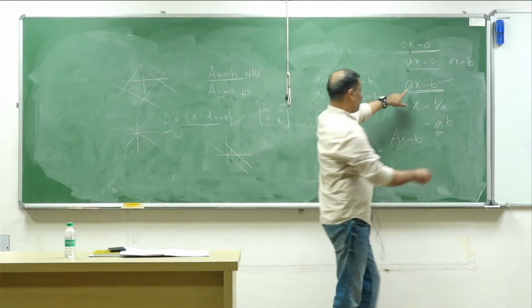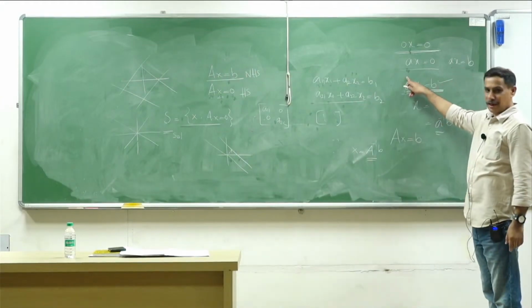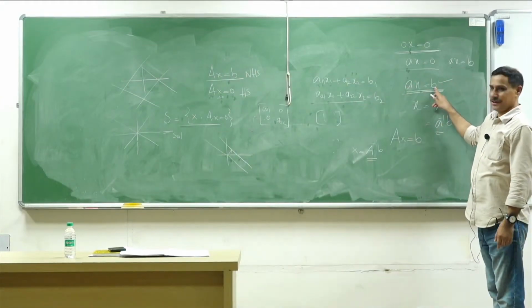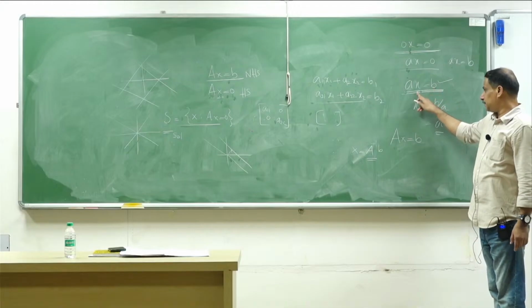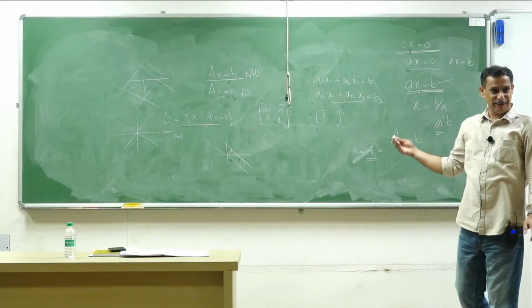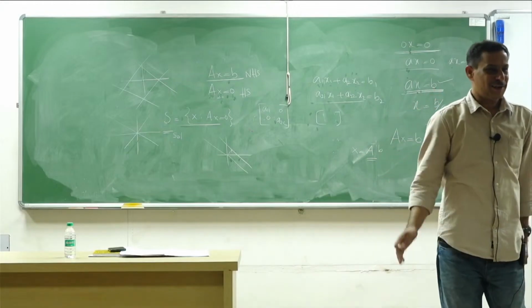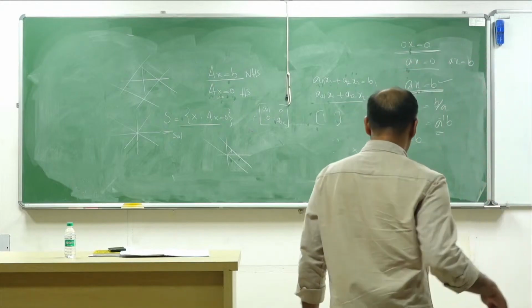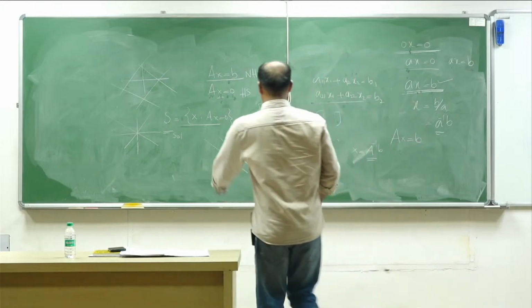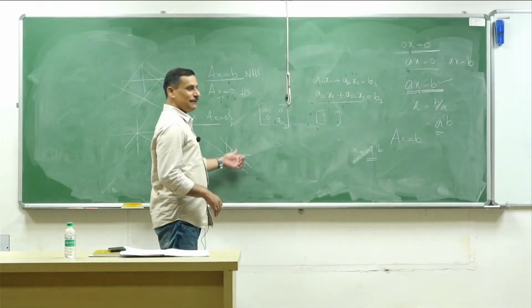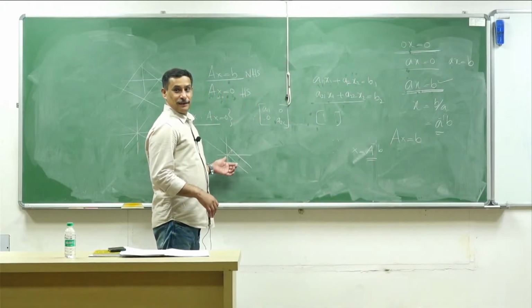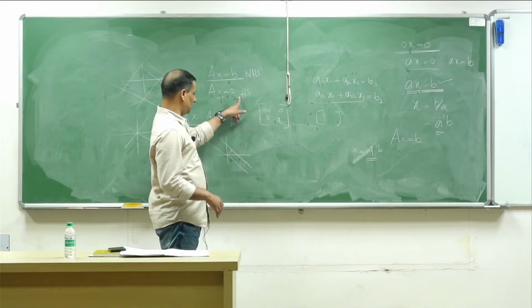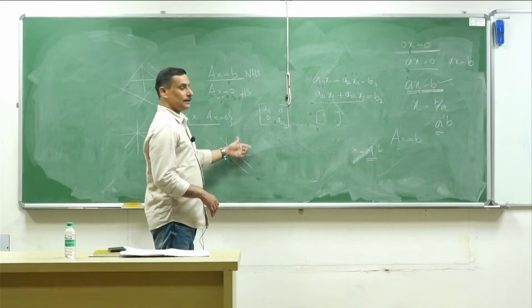Per se, let us go to the very scalar case. A is non-zero, b is non-zero. If I substitute x equals 0, will it satisfy? No. So the origin is not in the solution space of that. That means the solution to the non-homogeneous system is lifted. Lifted from the solution to the homogeneous system.